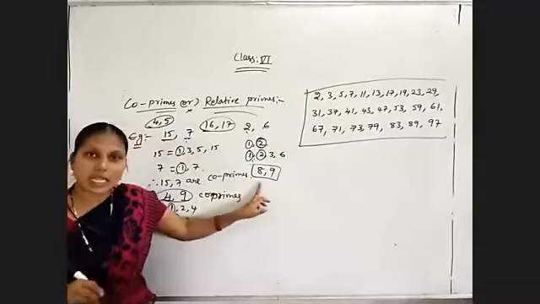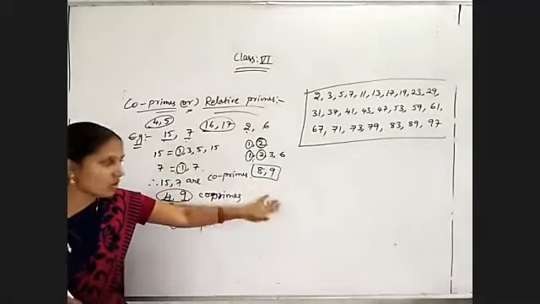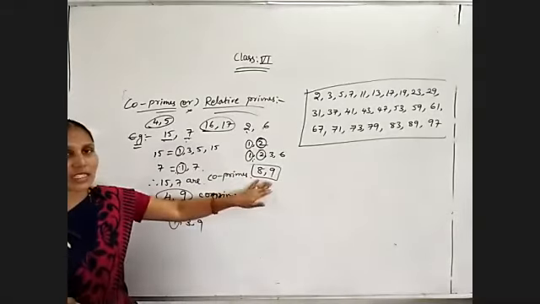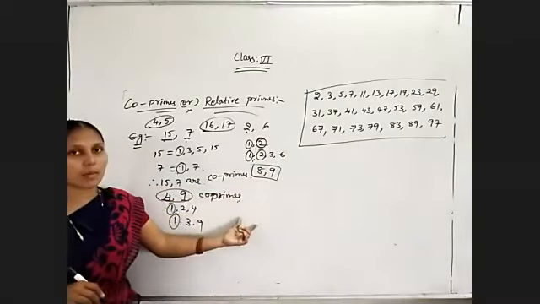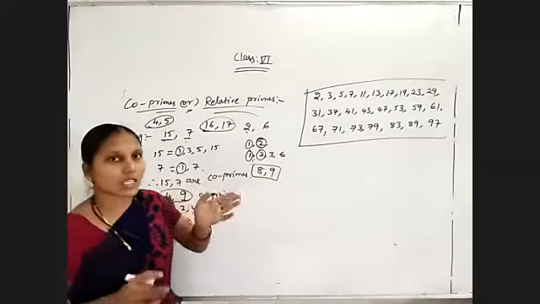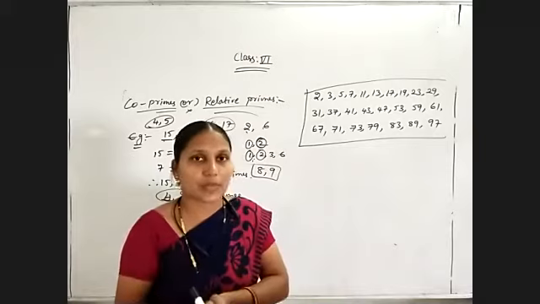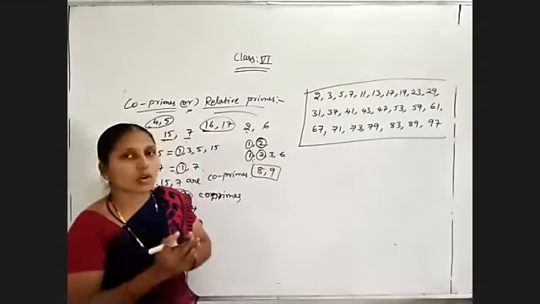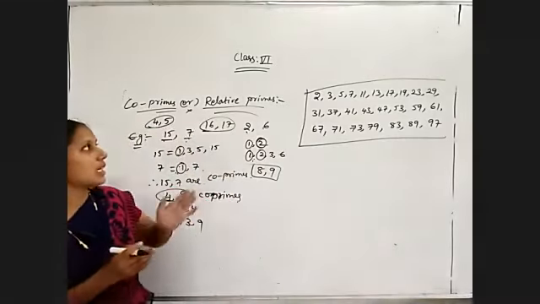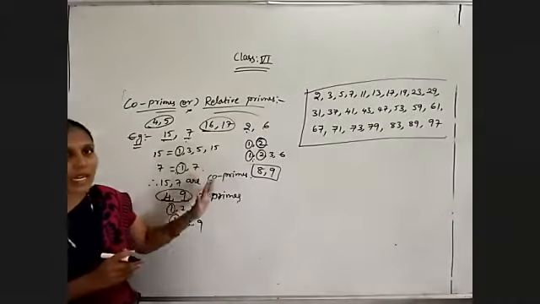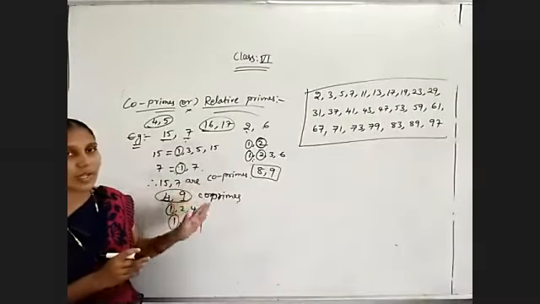Even though composite, they are co-primes. If you have any doubt, take their factors and check. You will get one only as the common factor. So any two consecutive numbers are co-primes. Okay, remember this. Co-primes are nothing but numbers having only one as their common factor, they are said to be co-primes.